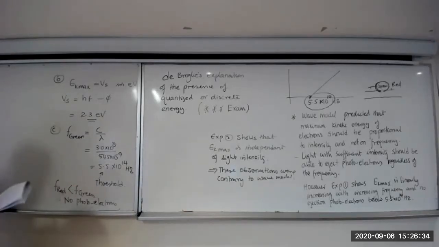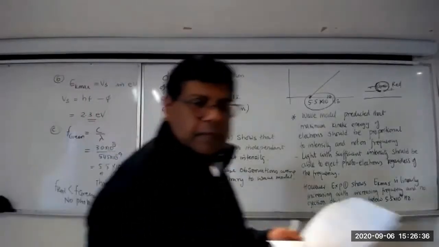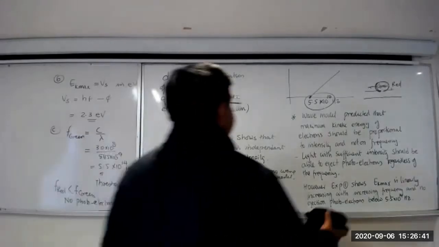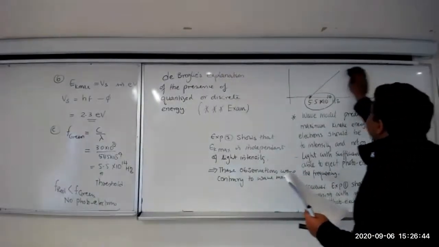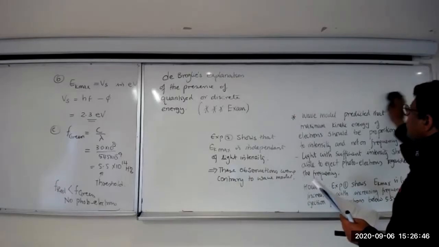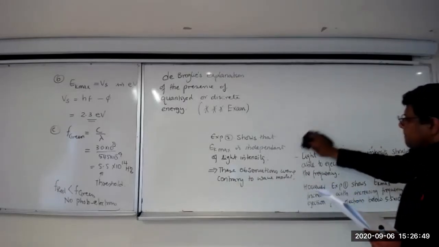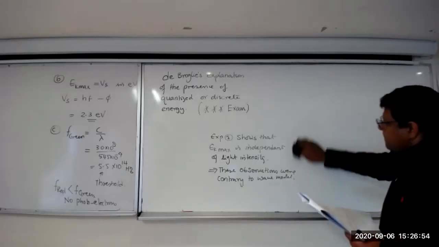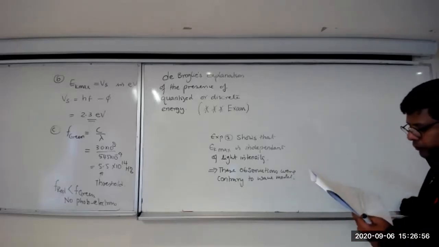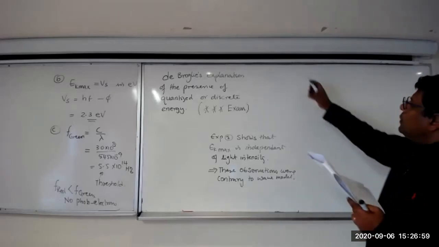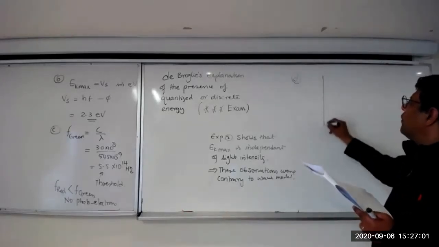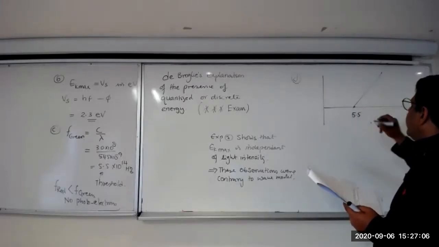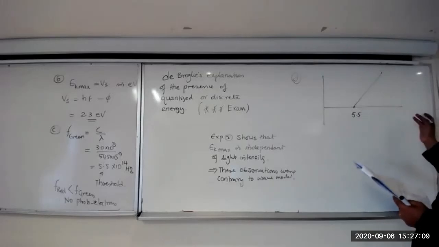So next part of the question. They say they change the metal in the cathode, replaced by something else. So this is the original graph. This is 5.5. Now they're selecting a different metal.